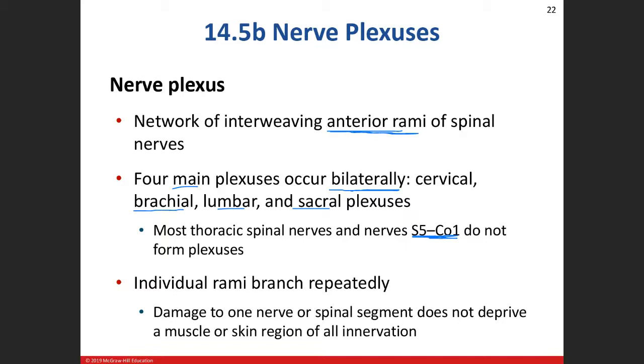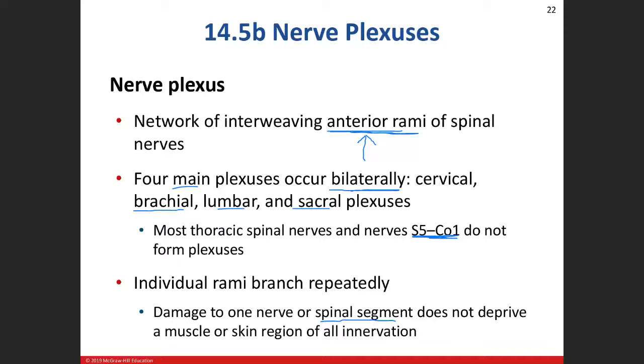I know I keep saying it, but these anterior rami will branch off, and when we go over some of these diagrams, you'll see how some of them branch and then branch again and again. That's good, because if you damage one of the branches or one of the spinal nerve segments, it doesn't mean you'll lose all the innervation to a specific region, because there are other branches from other rami coming to that area.